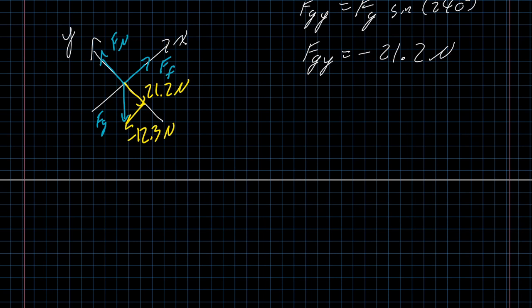Now, because I know that my object is in equilibrium, the net force in the x direction, which is the force of friction and the x component of the force of gravity, must be equal to 0.